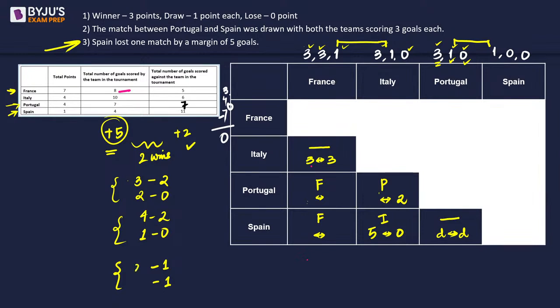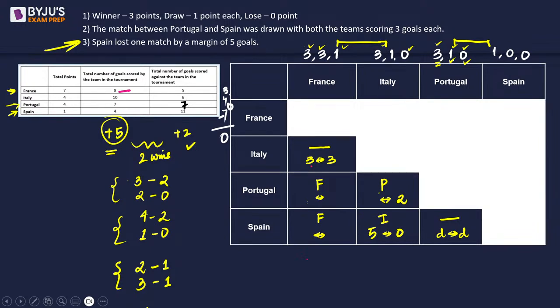So if this is going to be x, this is going to be 5 minus x, where x is going to be at least 2, right? So we can have 2-1 and 3-1, and that's the only possibility. क्योंकि अगर 2-1 में 3-1 करोगे तो नीचे वाला 2-1 हो जाएगा. So these are the 3 possibilities that we can have for the match between France and Portugal. Actually ये 5 possibilities हैं.